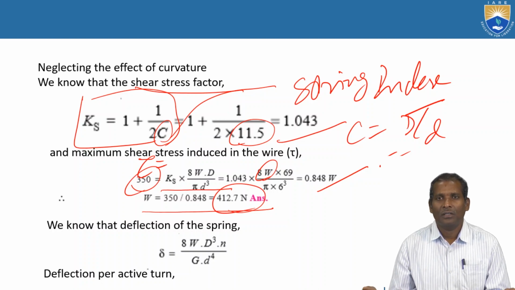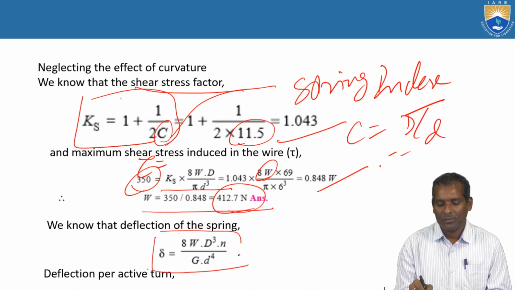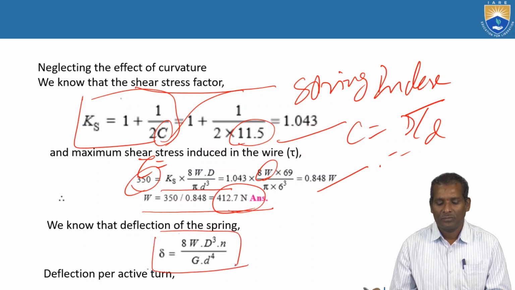If you know the axial load, immediately you can calculate the deflection per active turn by using the deflection formula: 8W D cube by G d to the fourth into N. You can write it in terms of C also.